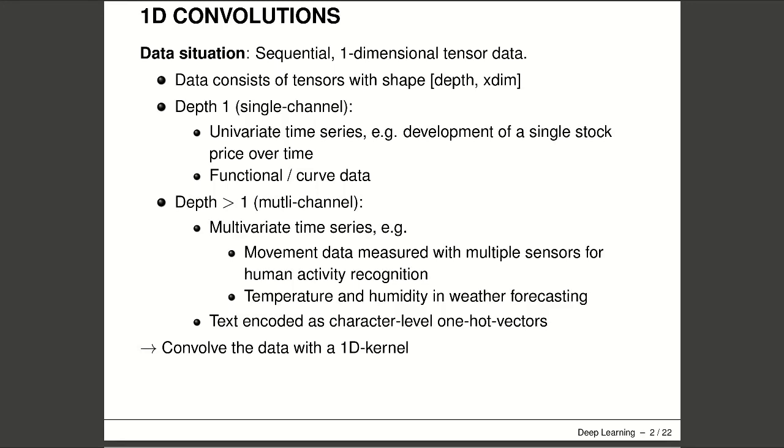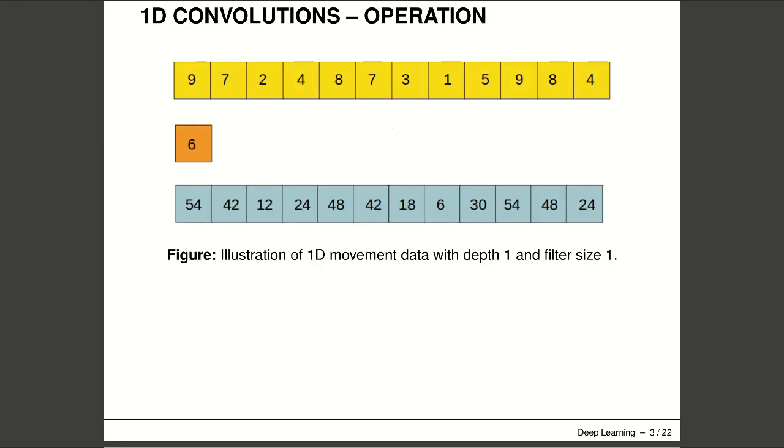Similar to a 2D convolution, here we convolve the data with a 1D kernel or 1D filter. To calculate a 1D convolution by hand, we slide our kernel over the input, calculate the element-wise multiplication and sum them up. For example, given an input size of 1 by 12 and a filter size of 1 by 1, by moving the kernel over different spatial locations, we create the feature map.